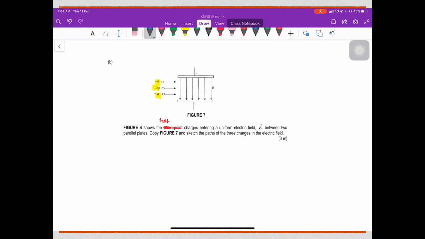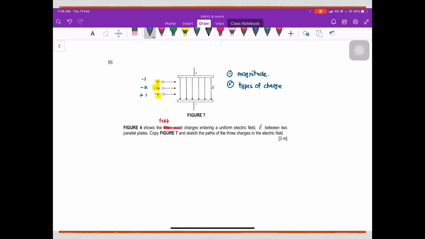The concept here: first, look at the magnitude. Compare, this is magnitude 1, this is magnitude 2, this is magnitude 1. The second concept, look at the types of charge. This is negative, this is negative, this is positive.